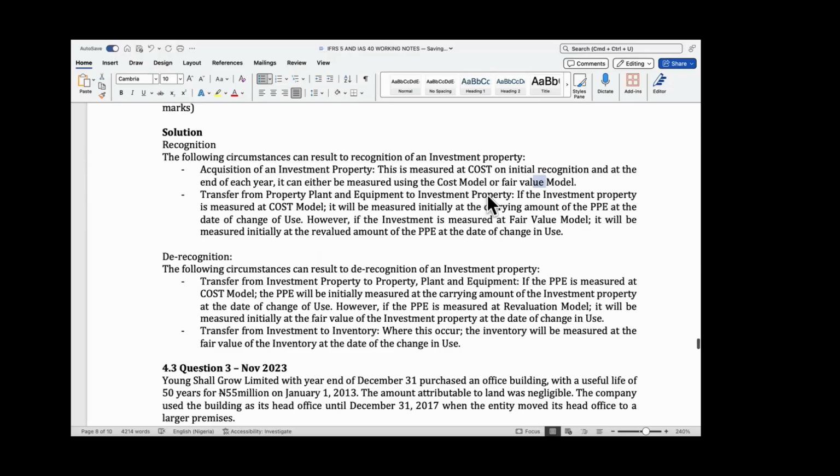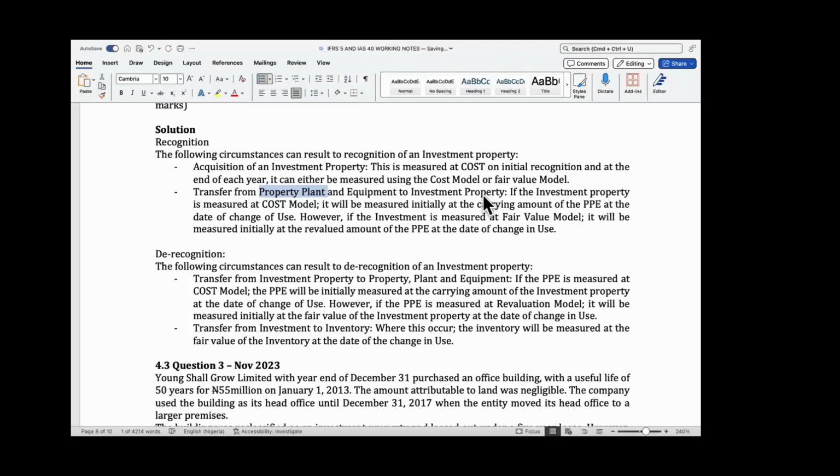The way you measure the investment property depends on your choice of measurement. If you choose cost model, then whatever was the carrying amount of the PPE, however you measure the PPE does not matter, whatever was the book value of that PPE becomes how you measure that investment property.